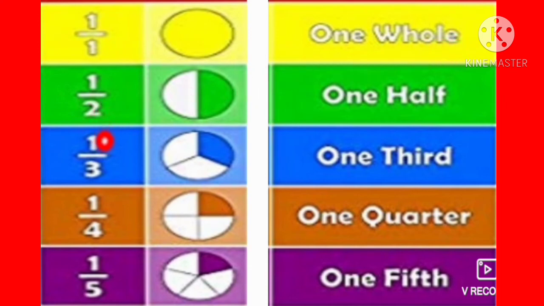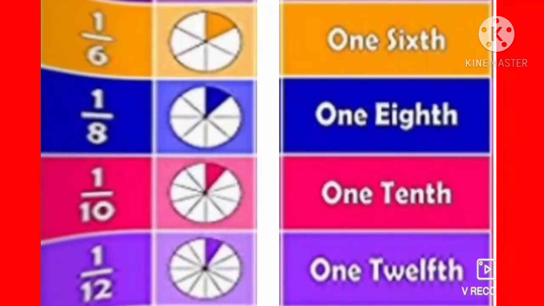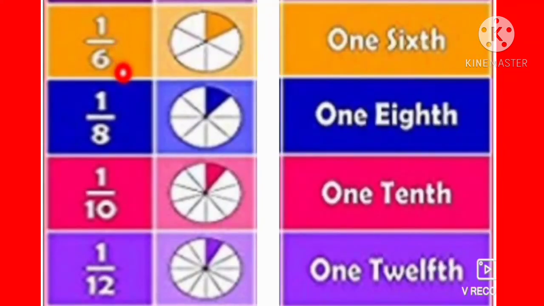And 1/2 can be read as 1/2. 1/3 can be read as 1/3. 1/4 can be read as 1/4. And 1/5 can be read as 1/5. And here similarly 1/6 can be read as 1/6. 1/8, and 1/10 can be read as 1/10. And 1/12 can be read as 1/12.